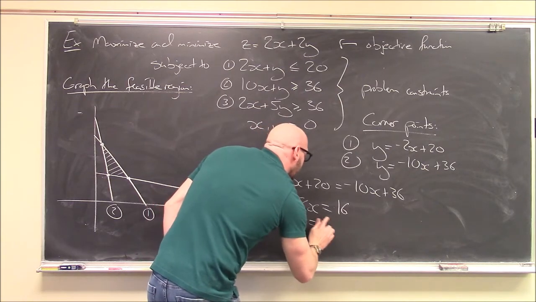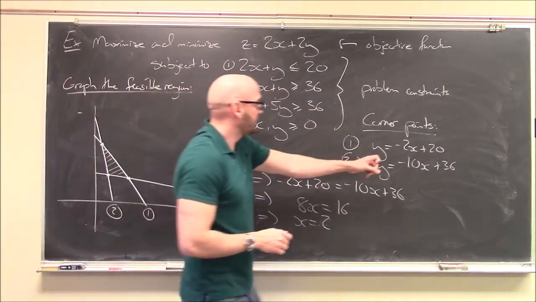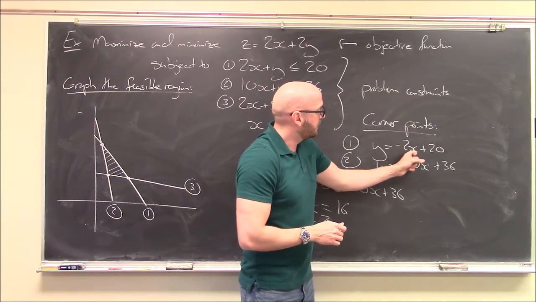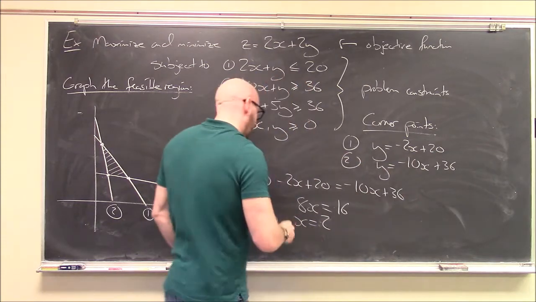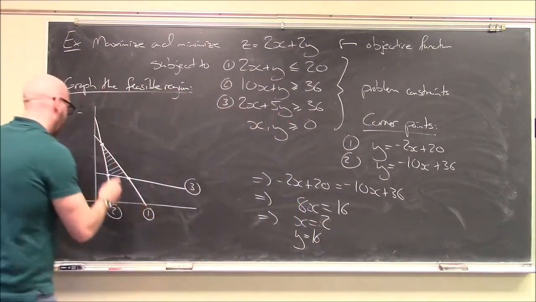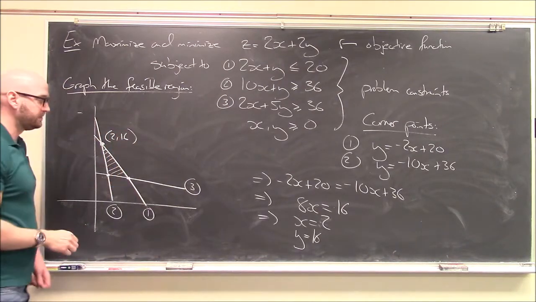So x, of course, equals 2. And if x equals 2, plug x equals 2 into either one of these, that would mean y is minus 4 plus 20, which is 16. So 2 and 16. That point right there, 2, 16.